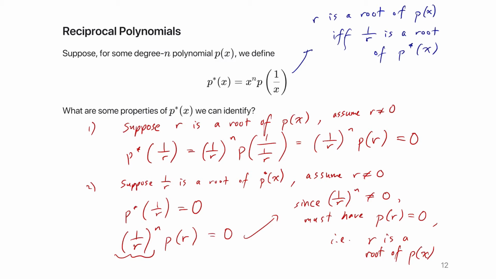And if 1 over R is a root of P star, we showed that R must be a root of P. So that means if P of x is one polynomial, you can make all of its roots their reciprocals, and the polynomial you'll get out is P star of x. Is that okay? So if the roots of P are 1, 2, and 3, the roots of P star will be 1, a half, and a third. Is that okay? So that's one thing.